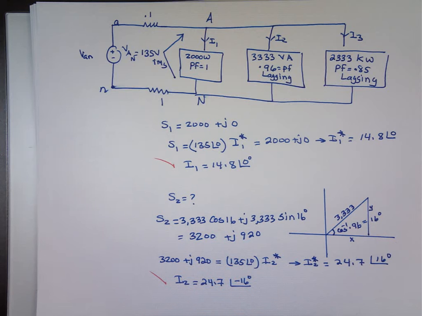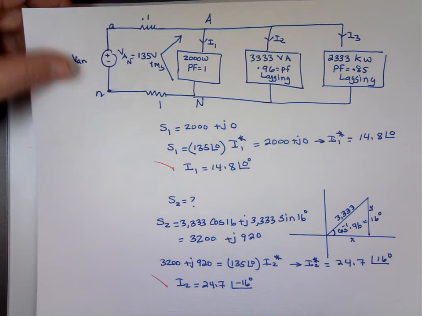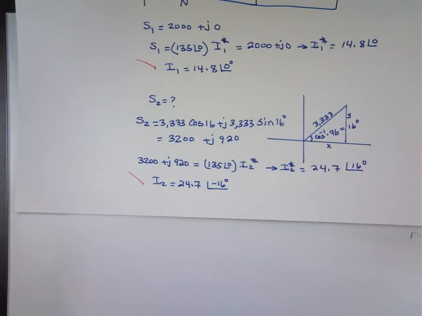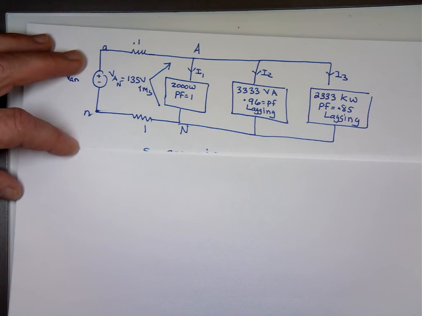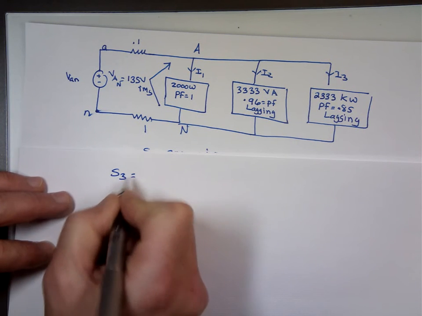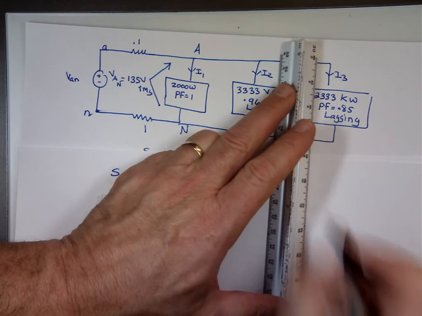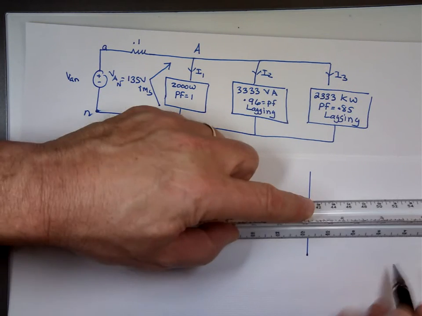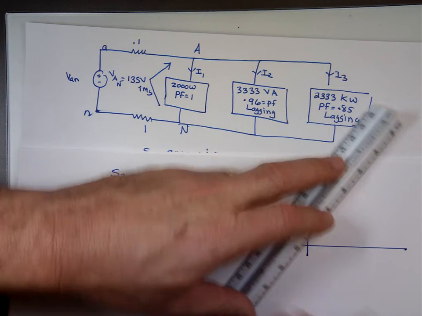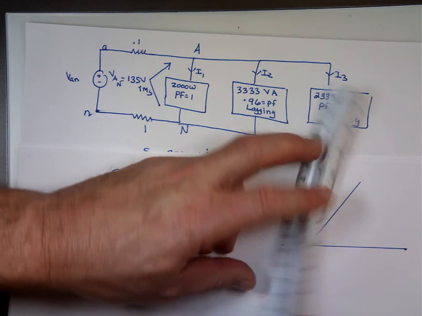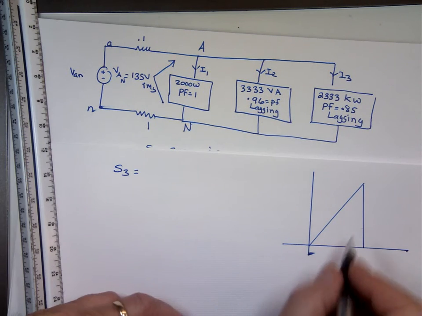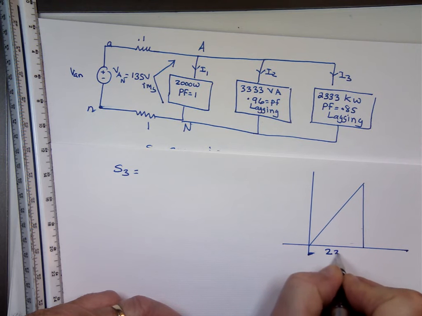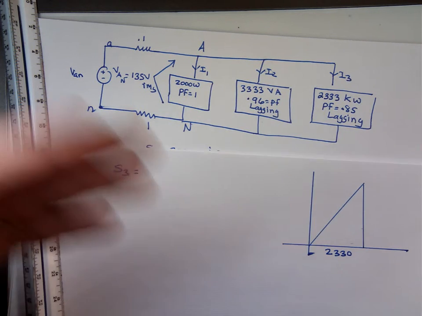Let's look at I sub 3. So now I'm going to do source 3, or S3. For that one, you are given the real value, kilowatts. You are given this number, 2330.